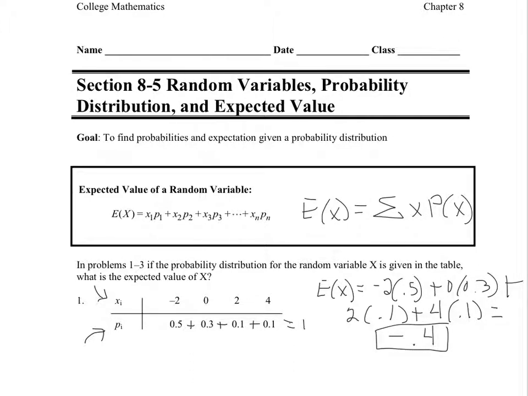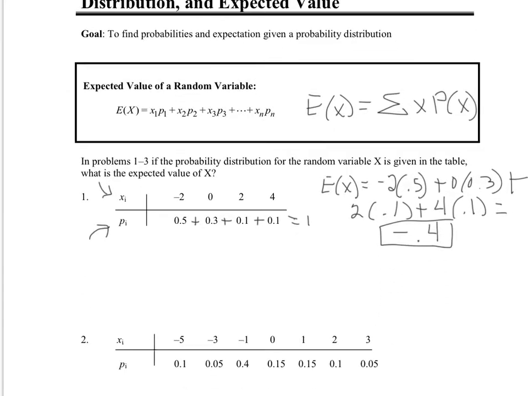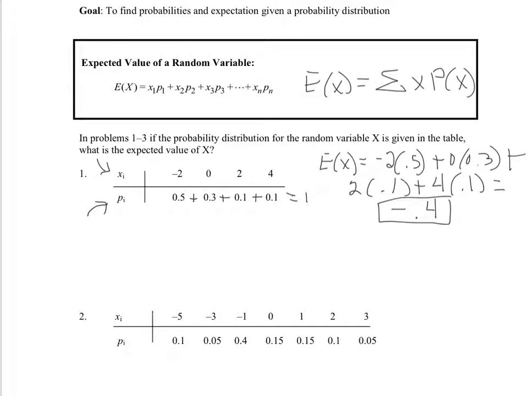As long as you don't have very many items in your table, calculating that manually is not a problem. I do want to explain, though, the way you can calculate this using the TI 83 or 84 graphing calculator. There is a feature that lets you put these tables directly into the calculator.